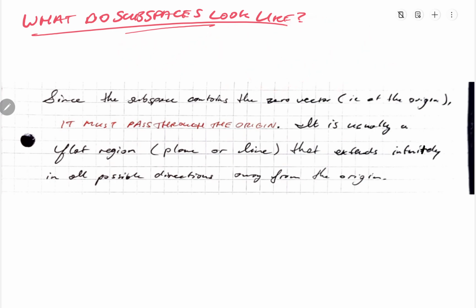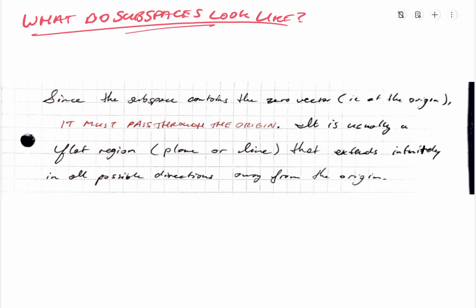It has to extend infinitely in all possible directions away from the origin. And one thing I forgot to write: since we looked at linear combinations only, these are straight things going through the origin.